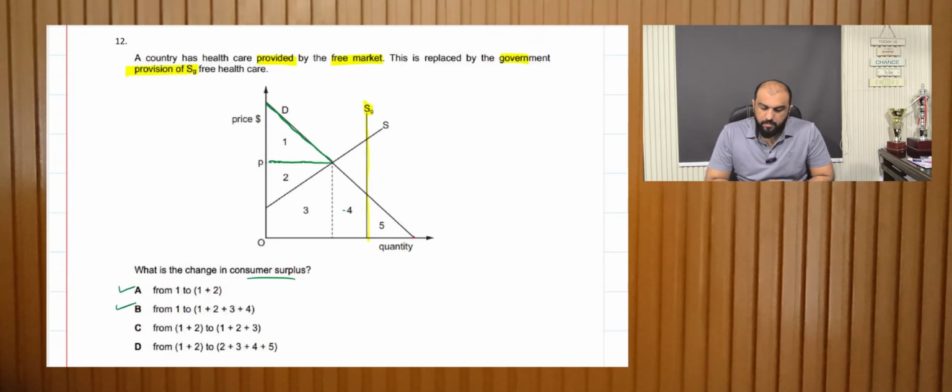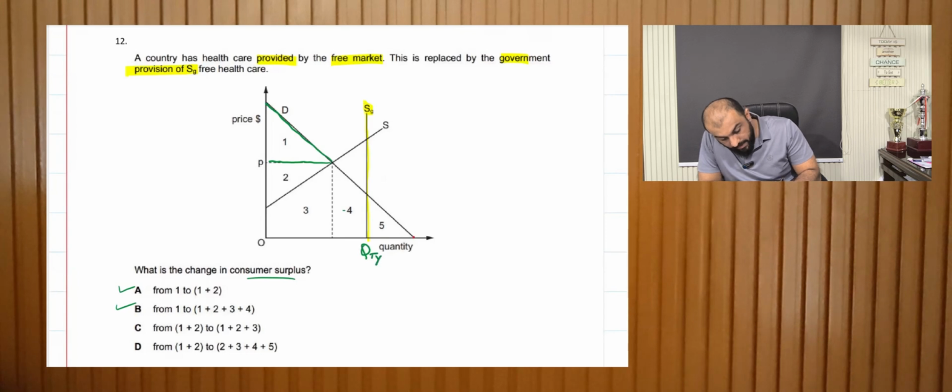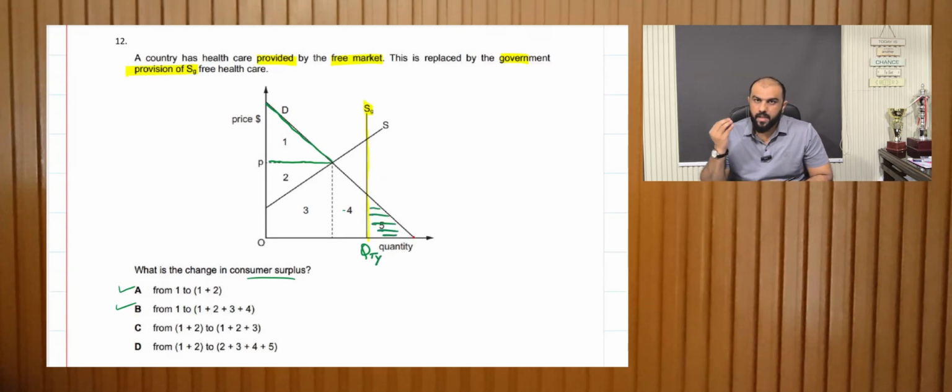Now if the government provides SG, so this is the quantity. This means that this entire area is not part of the consumer surplus. Area 5 is not part of the consumer surplus because we are not selling that many units.